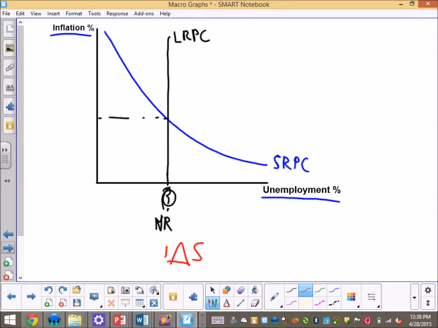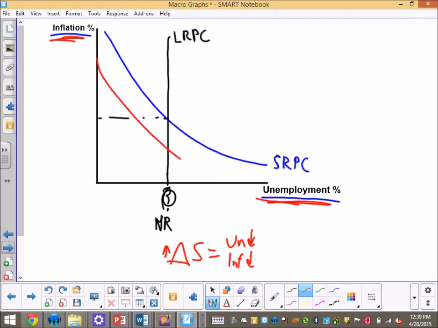Our change in supply, we said, is a positive supply shock. So it causes unemployment to do what? Unemployment would decrease, whereas what would happen to inflation? Inflation would decrease. Well, wait a minute. Inflation wants to increase over here if unemployment is going to decrease, which means what do we have to do?